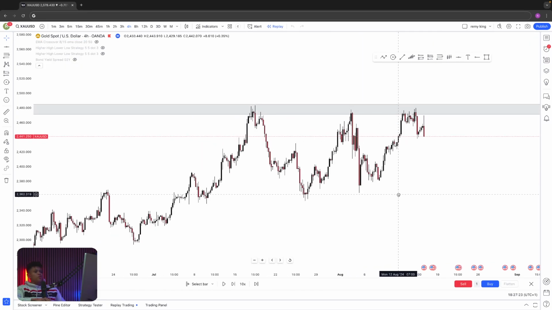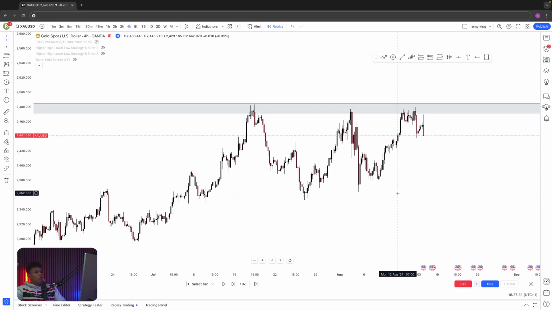Okay guys, let's start with our first resistance example that I showed you previously, which is that price will most likely reject off of this area multiple times. And as you can see, that exactly happened, because right here we can see that price is respecting this resistance area.